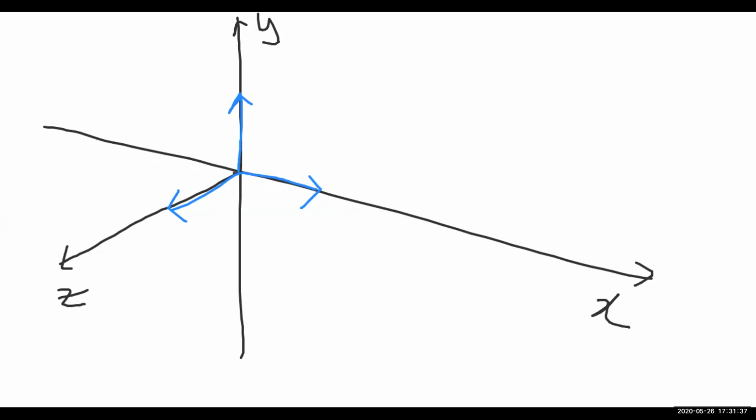And since these vectors are used to define directions, I will give them a special name. Remember that their magnitude is 1, right? So I will give them a special name. And the names of these vectors are I cap, j cap, and k cap.